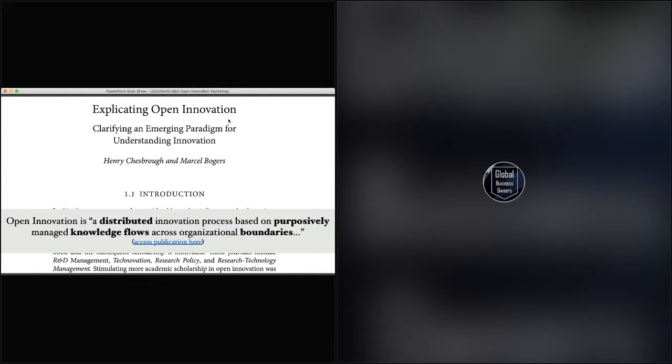It means that with focused intention, you create this innovation process where you mix knowledge flows across these different elements in the distributed process. It's like building bridges and then making knowledge flow through these bridges.